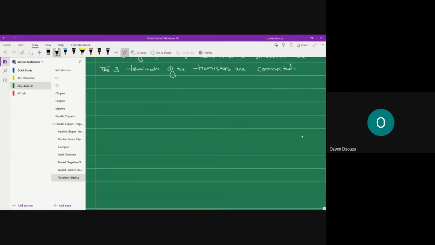Now, if you observe carefully the device structure, the transistor device consists of three terminals. Out of these three terminals, any one terminal can be made common to both the input circuit and the output circuit.